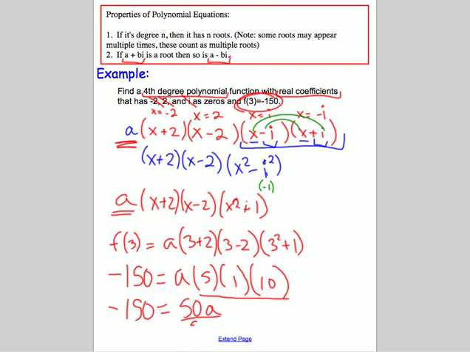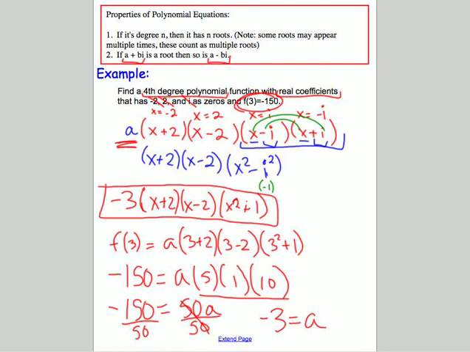Well, divide both sides by 50, and we'll see that a should be negative 3. So my polynomial that I had up in blue there was good, but the answer is in fact negative 3 times x plus 2 times x minus 2 times x squared plus 1. That's the polynomial they were asking for.